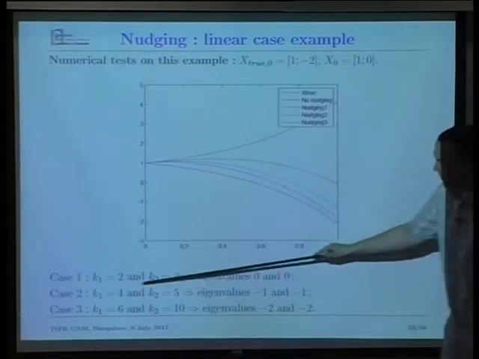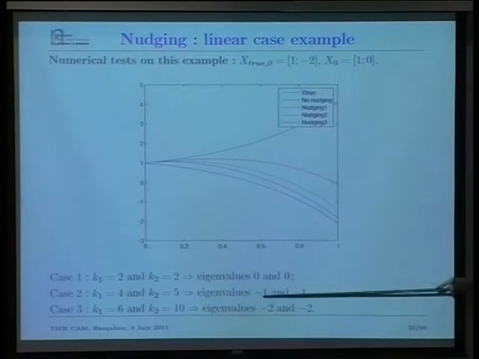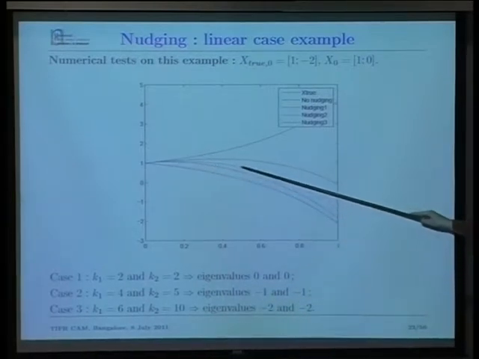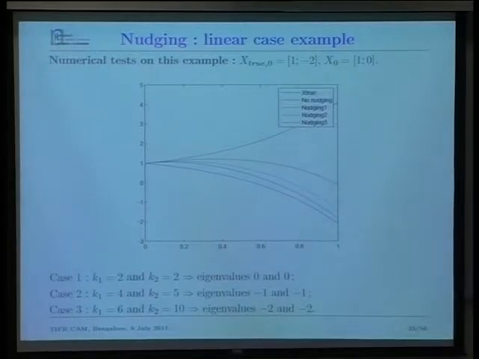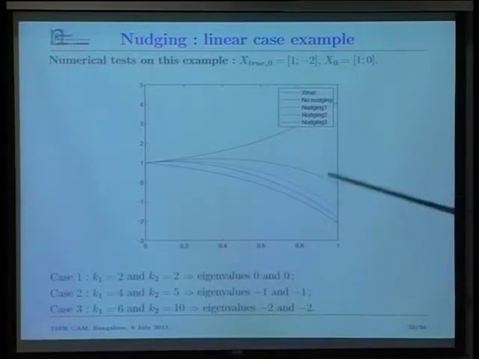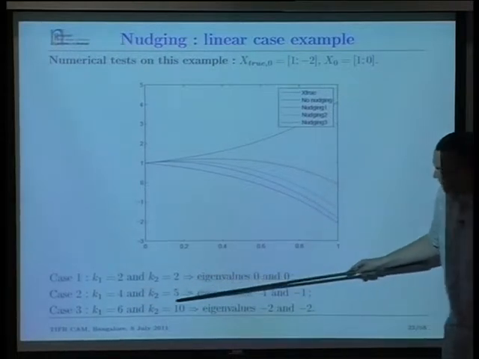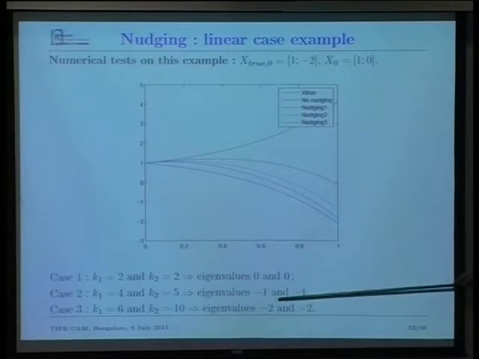Then, if we increase k1 and k2, now the eigenvalues are -1 and -1, and the solution will converge to the true state exponentially in time with the rate exponential of -t. If you increase, take for instance these two values, the eigenvalues of F minus KH will be -2, and so it will go faster.